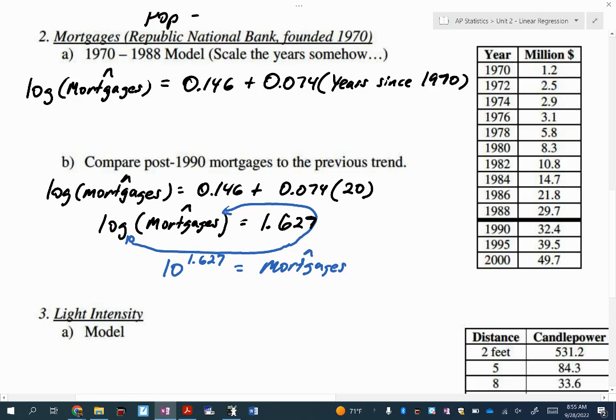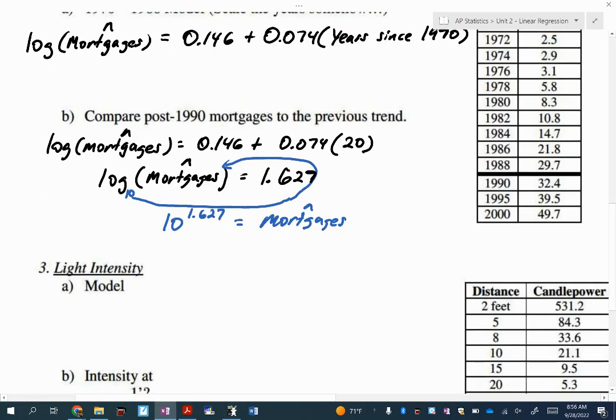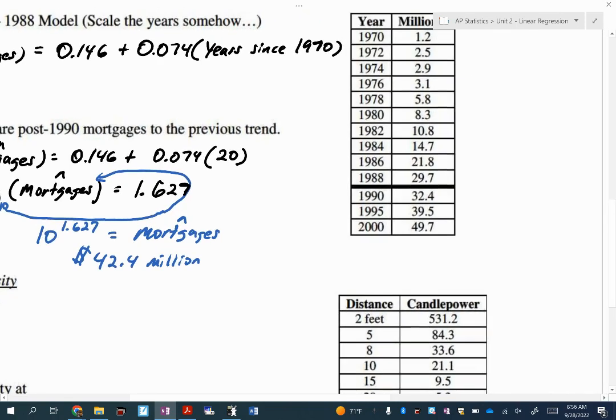All right, so in my calculator, I'm going to do second 10 to the power of x, and this is where I'm going to type in that number to give me my number of mortgages, which is in millions, 42 looks like they rounded, so I'll do $42.4 million.